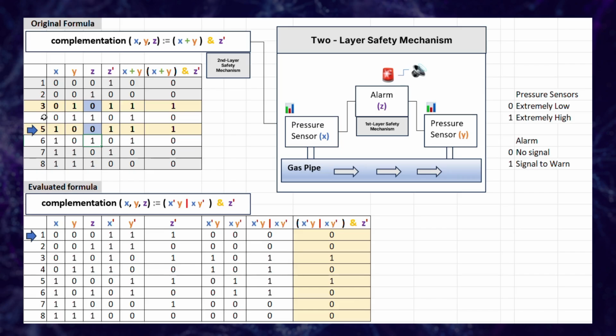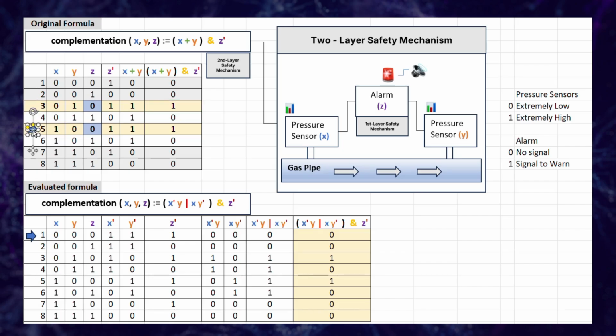But here, on the third scenario, there's a pressure difference. There's a very big difference, extremely high, extremely low, and the alarm system didn't do its job. When it didn't do its job, that's the time the second layer safety mechanism will perform its job as a second layer safety.